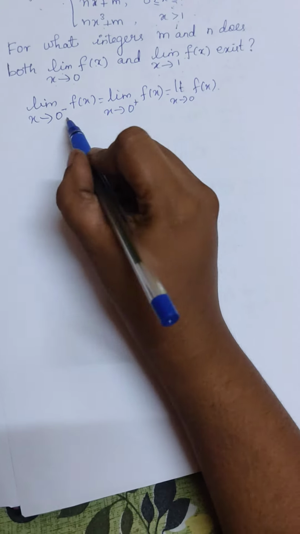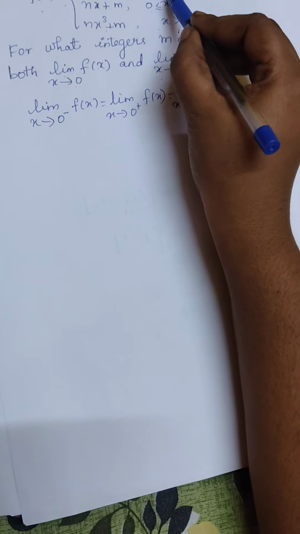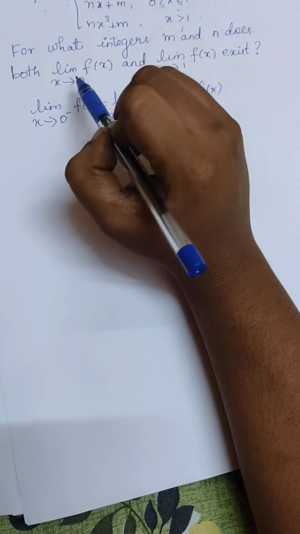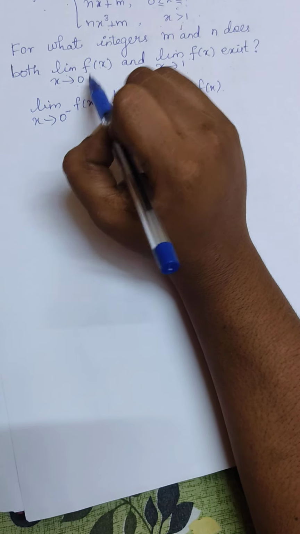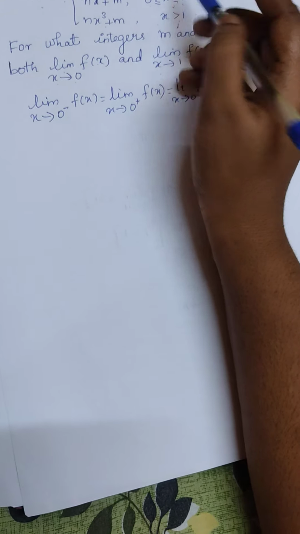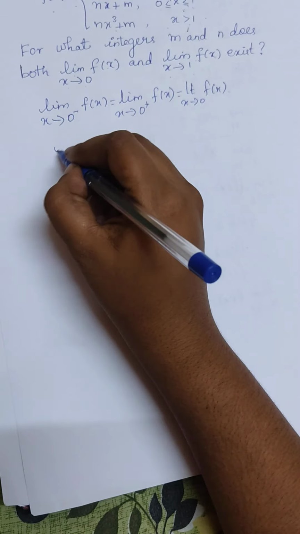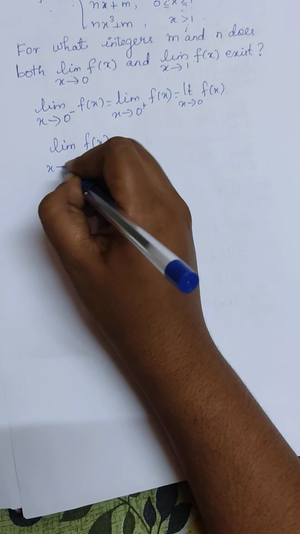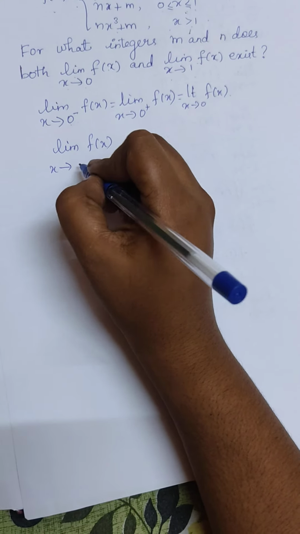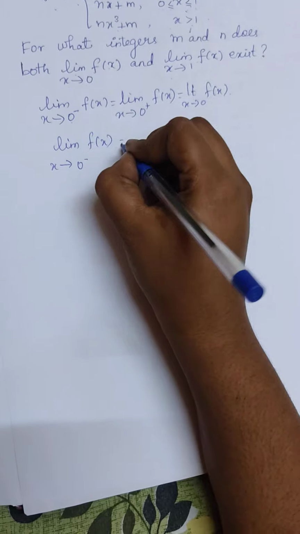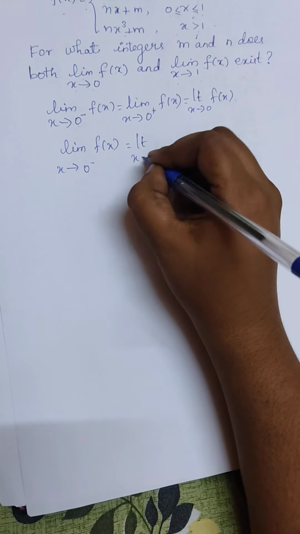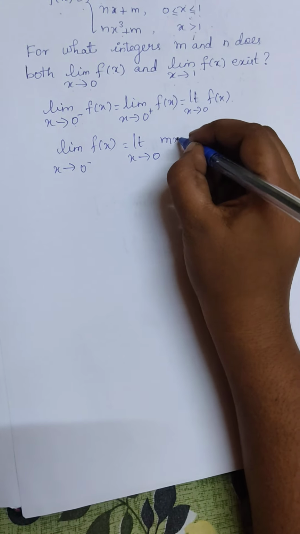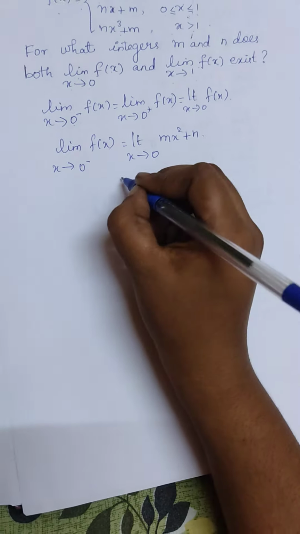Here we are considering the existence of the limit when the value of x approaches 0. So consider the function for f of x when x approaches 0 from the left hand neighborhood, because this is the corresponding function: mx square plus n.